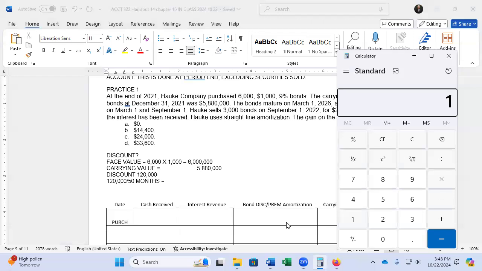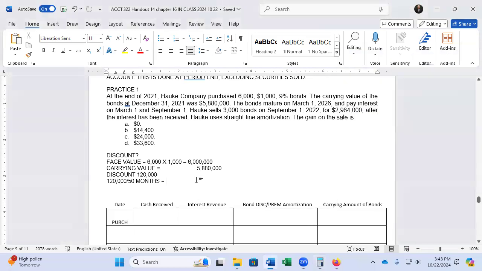And we want to find out the amount, which is 2,400 a month.